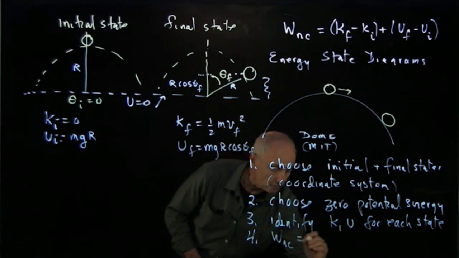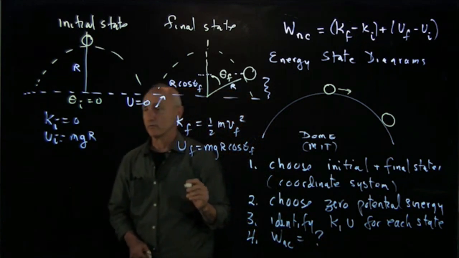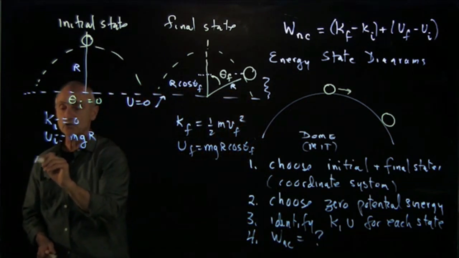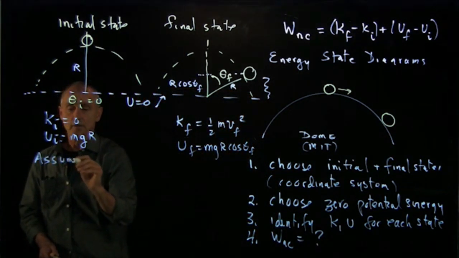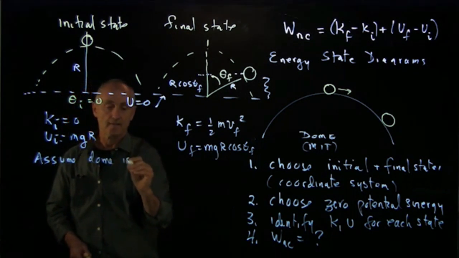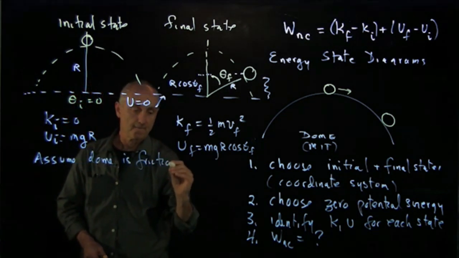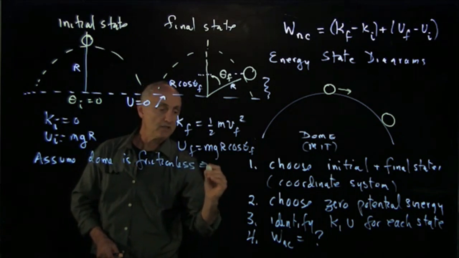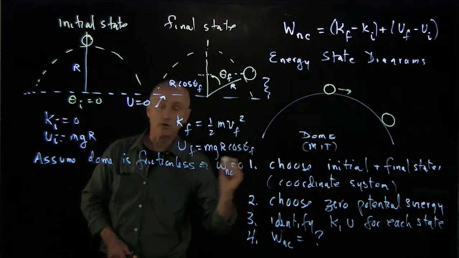Now the fourth step is to identify W non-conservative. Is there any non-conservative work? Now here, let's assume the dome is frictionless. And that means that W non-conservative is 0.